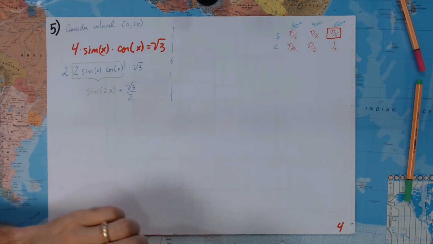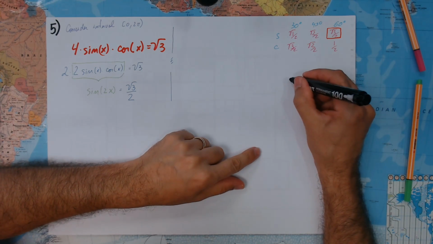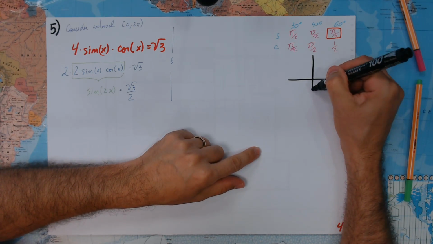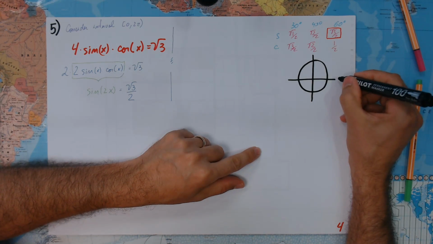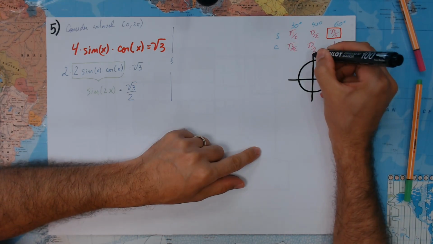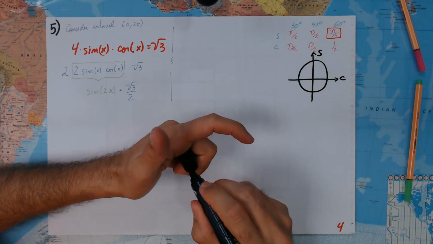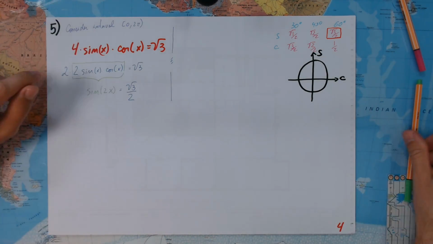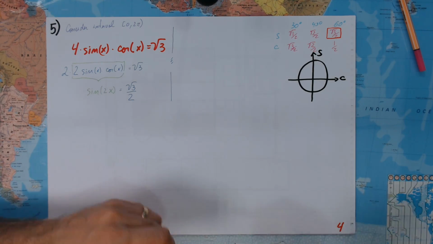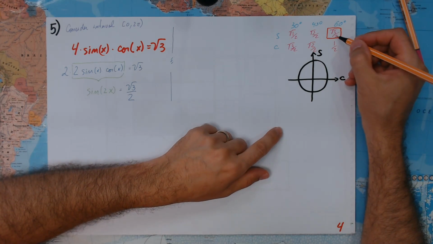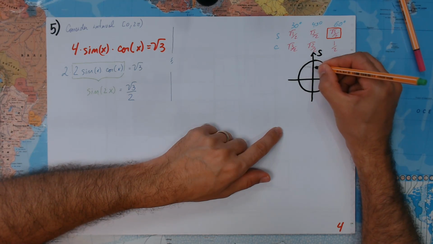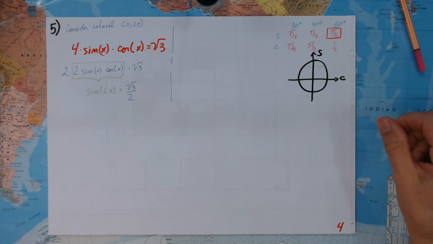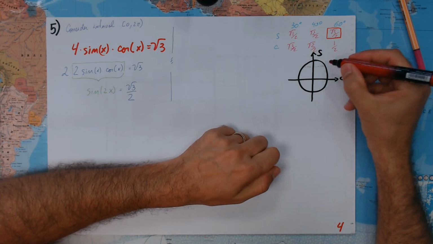But acknowledge something. Whenever we're working with sines and cosines, we just have to be cautious. This is going to be the cosine, this is going to be the sine. And we have to acknowledge something. If the sine is square root of 3 divided by 2, let's suppose it's something like in here, okay? So we are going to have 2 positions.